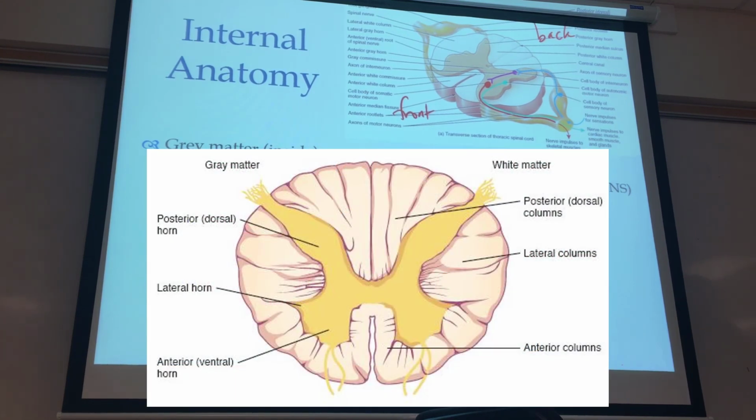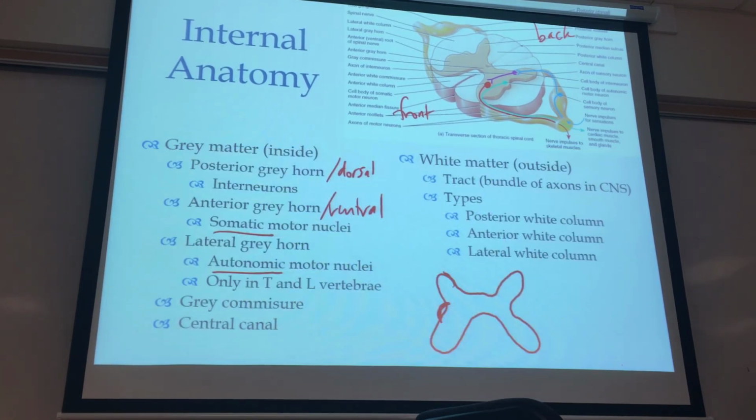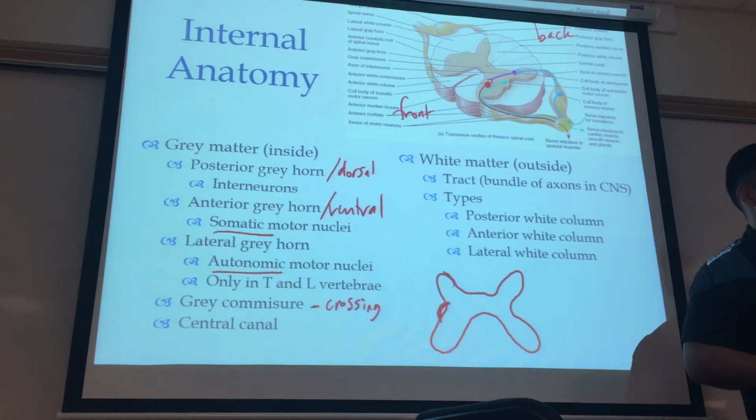Now, the next thing you're going to see is the gray commissure. The gray commissure is a pathway. Just like you saw the corpus callosum in the brain that connected the left and right hemispheres, the gray commissure is this area that connects the left and right sides. Typically what we see in the gray commissure is the crossing of axons, and we'll see that on the next slide. Tie this back into what we learned about the medulla oblongata.